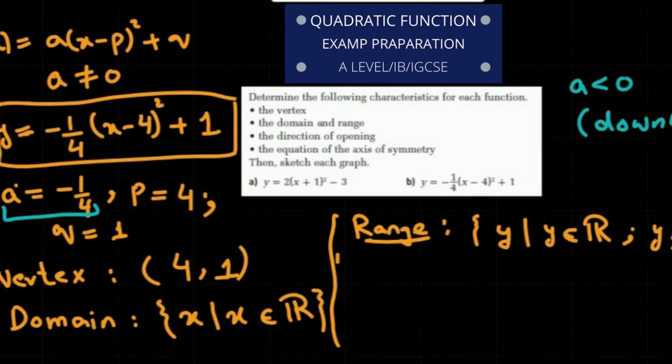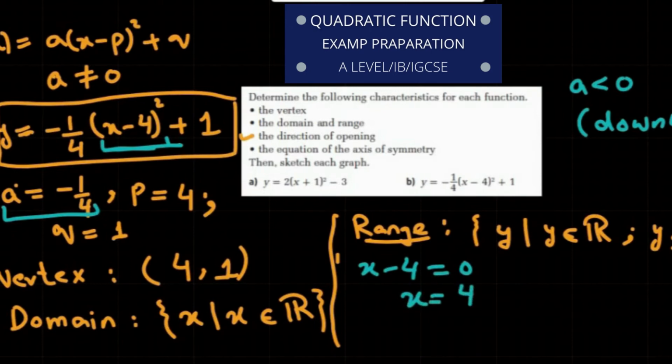So now the next thing is about the direction of opening. We already talked about it. Due to the negative value of a, it would be opening downward. Then the axis of symmetry. For the axis of symmetry, this factor x minus 4 whole square is important. We are not going to consider the square, but this x minus 4, we have to put it equal to 0. Then that means x is equal to 4.